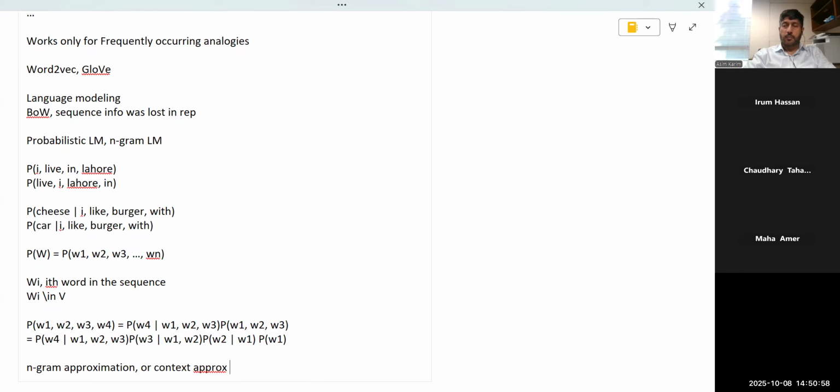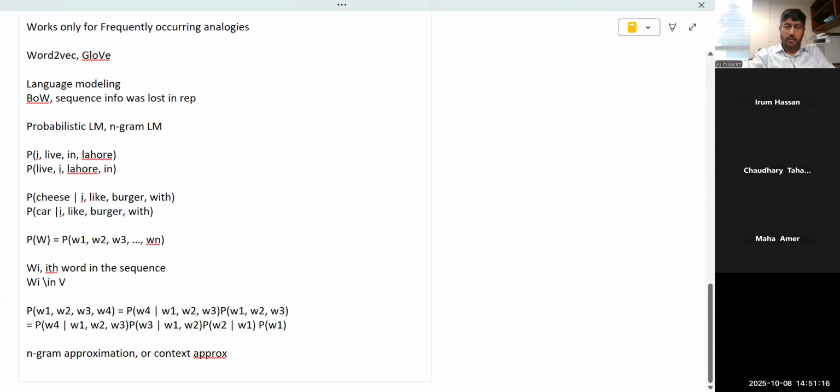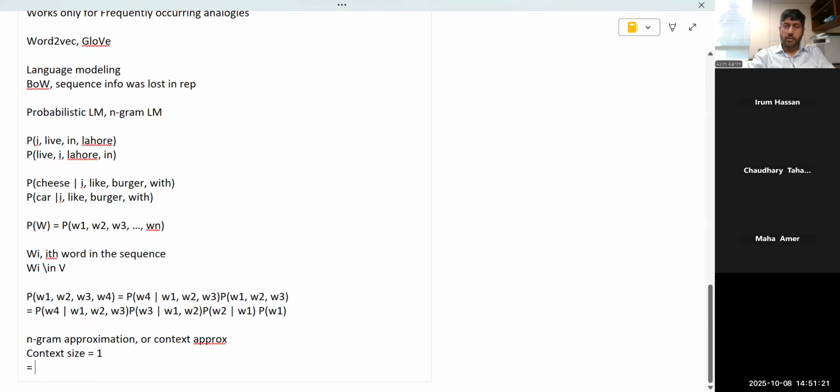We can say that the probability of a word depends on only the previous one, two, three, or four words, whatever we want to define. Let's say the probability of a word depends only on the preceding word. In that case, the context size is equal to 1, and our equation becomes the probability of W4 given W3, times the probability of W3 given W2, times the probability of W2 given W1, and of course the probability of W1.